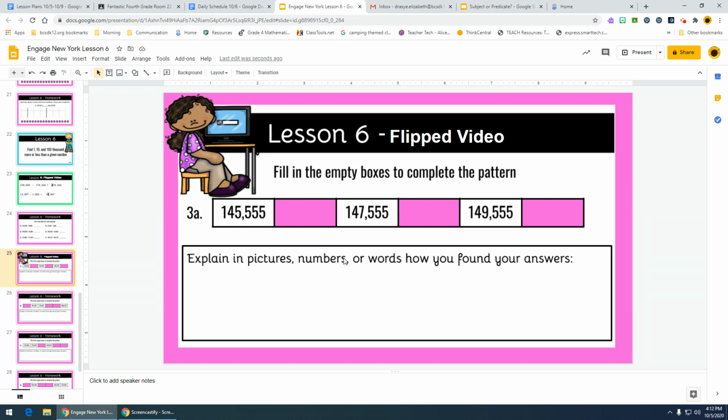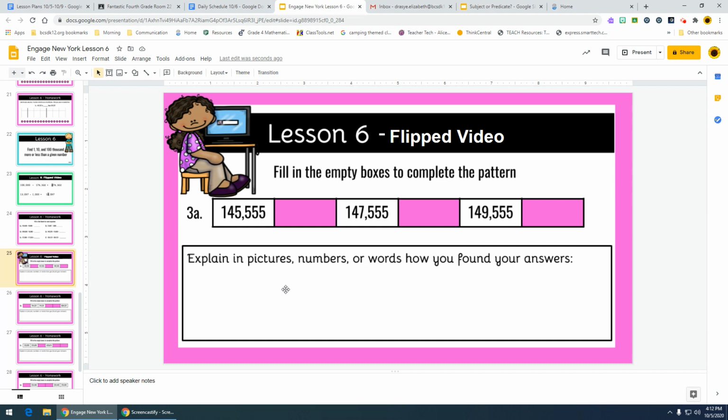So the first thing I need to ask myself is, are the numbers getting bigger or smaller? In this problem, they're getting bigger. And I know when looking at them that the thousands place is changing. I have a 5 here, a 7 here, and a 9 here. None of the other numbers are changing throughout.